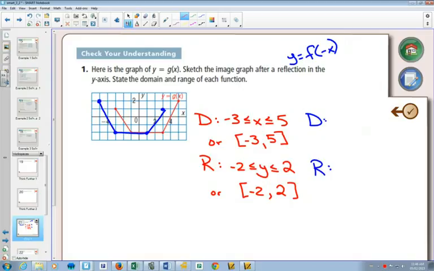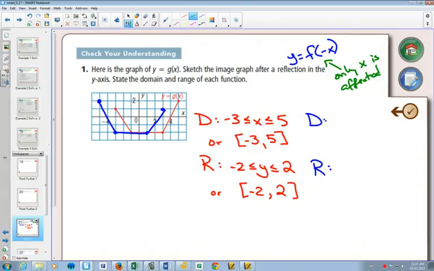Okay? Now, one of the things about writing it in this form here is with the negative there, the negative is only with the x. Only x is going to be affected. The y values are not going to be affected.